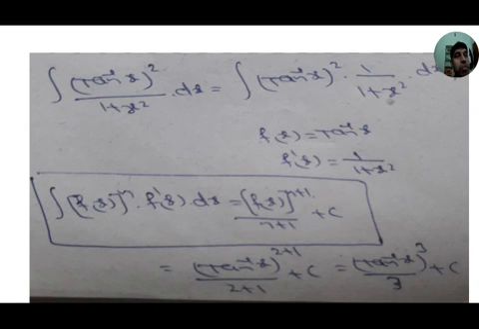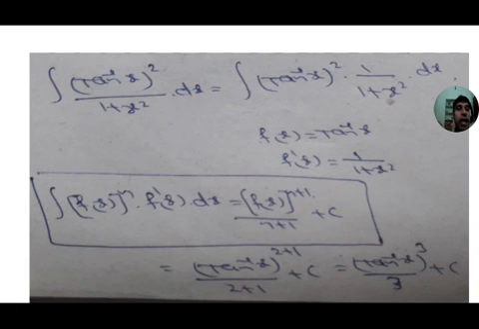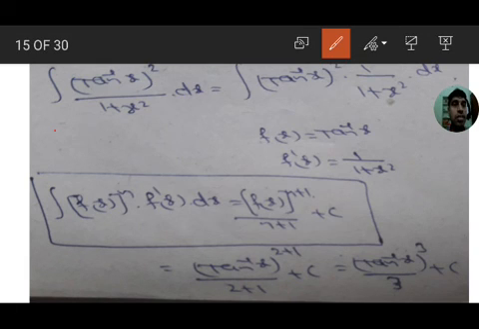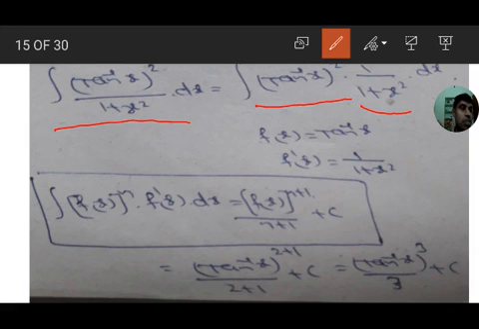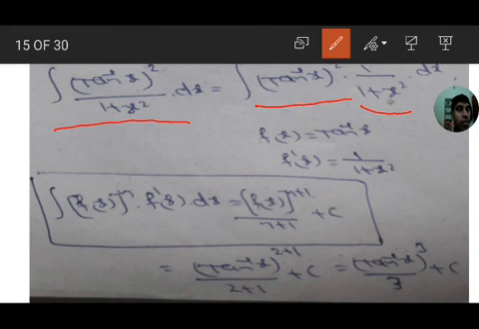Or by the direct formula. Here, integration of tan inverse x whole square by 1 plus x square dx can be written as tan inverse x whole square into 1 by 1 plus x square dx. It is f of x whole to the power of n into f dash x dx. So f of x equal to tan inverse x, f dash x equal to 1 by 1 plus x square.